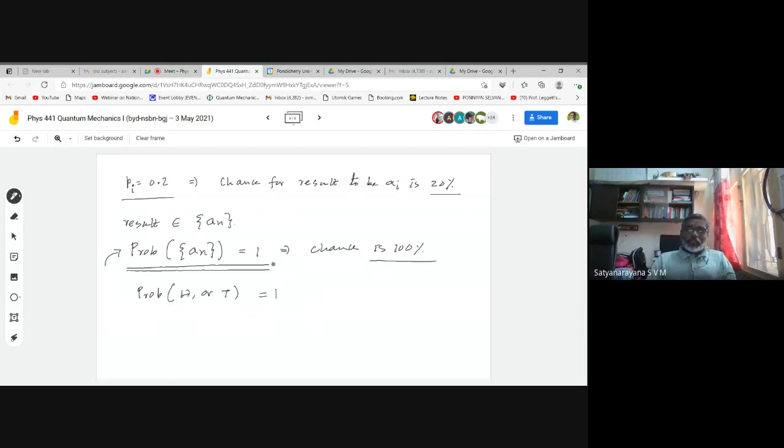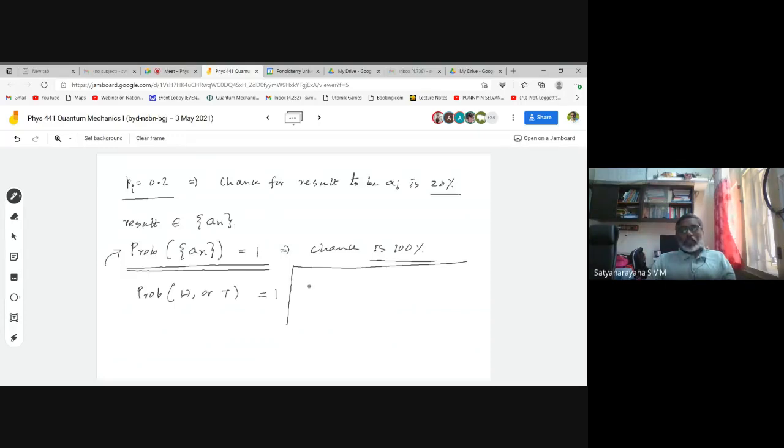Now, in fact, whatever you are saying is a restatement of normalization. If the total probability is not equal to 1, if it is equal to 2, then you redefine your coefficients or redefine your wave function in such a way that it is made 1. So normalization as a concept is telling you that it is sufficient for your wave function to be normalizable.